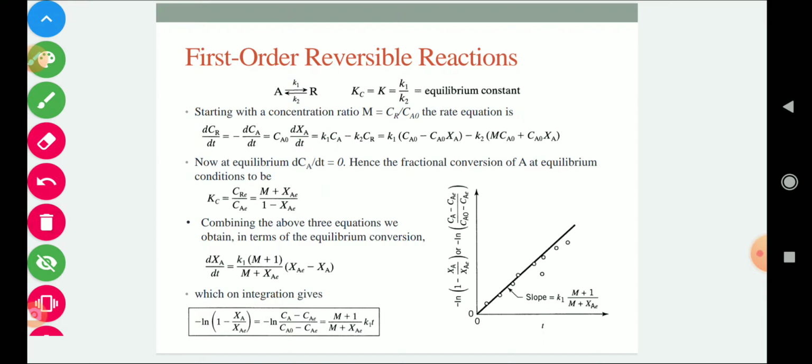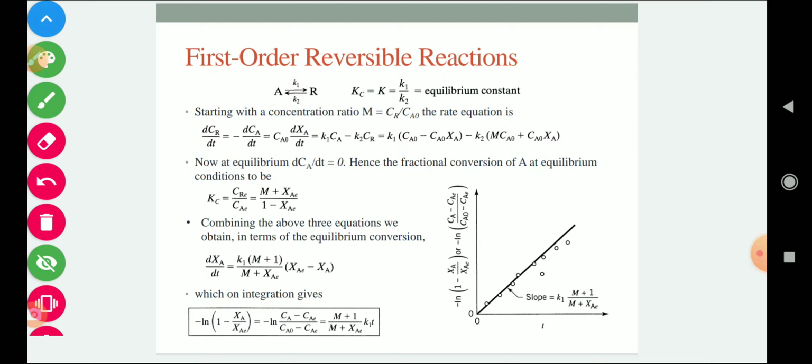So if we take dCA by dt equal to 0, the fractional conversion of A at equilibrium condition will be this one. We can calculate equilibrium constant Kc equal to this, CRe, equilibrium concentration of R upon equilibrium concentration of A, equal to M plus XAe upon 1 minus XAe.